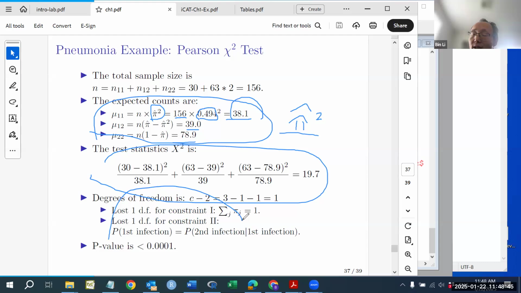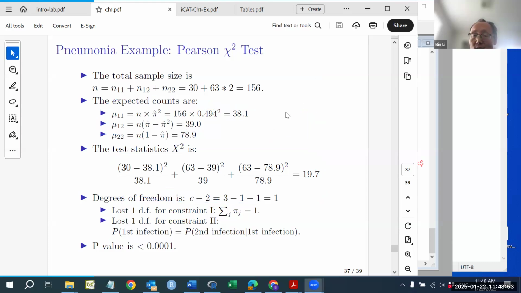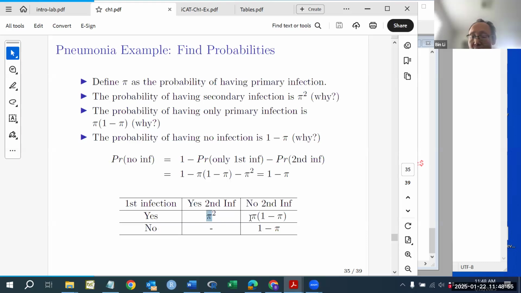Actually, the degree of freedom is not 2 anymore. And you may ask why it's not 2. Because here we have 3 possible categories, right? This, and this, right? And here you can ask, why not use a degree of freedom of 2?